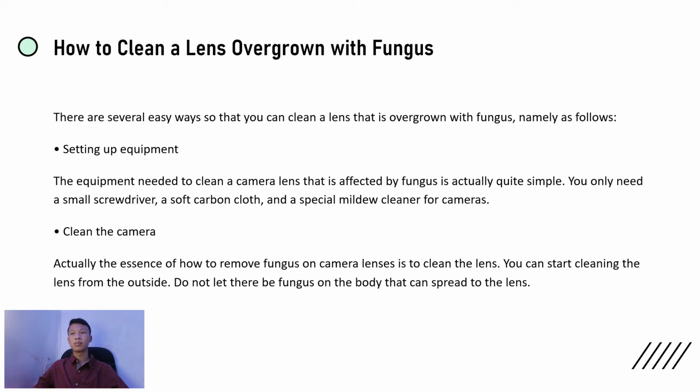You only need a small screwdriver, a soft carbon cloth, and a special mildew cleaner for cameras. Second, clean the camera. Actually, the essence of how to remove fungus on a camera lens is to clean the lens. You can start cleaning from the outside. Do not let there be fungus on the body that can spread to the lens.